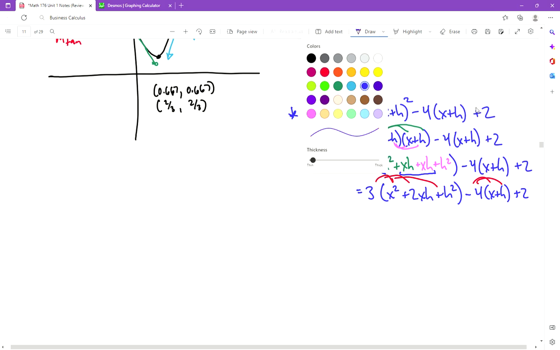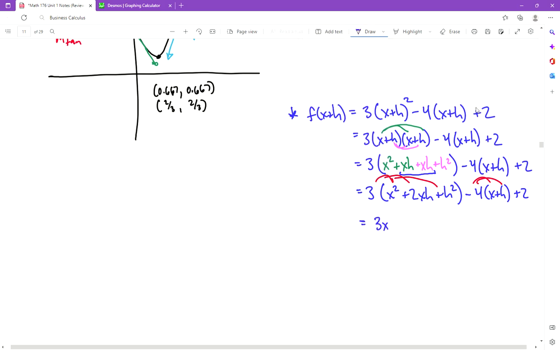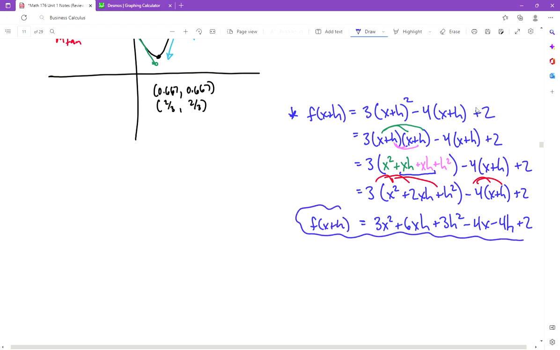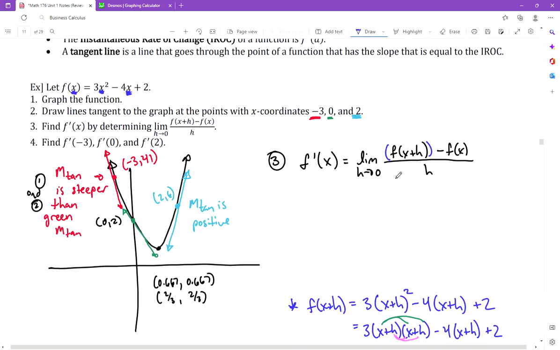And this becomes 3x squared plus 6xh plus 3h squared minus 4x minus 4h, and then plus 2. Okay, so we got it. On the left, I usually just leave it blank to save a little writing, but that is our answer for that part of the fraction. Okay, so all of that in the blue.